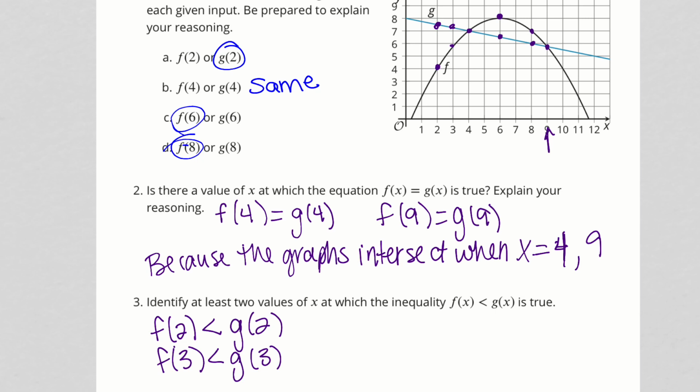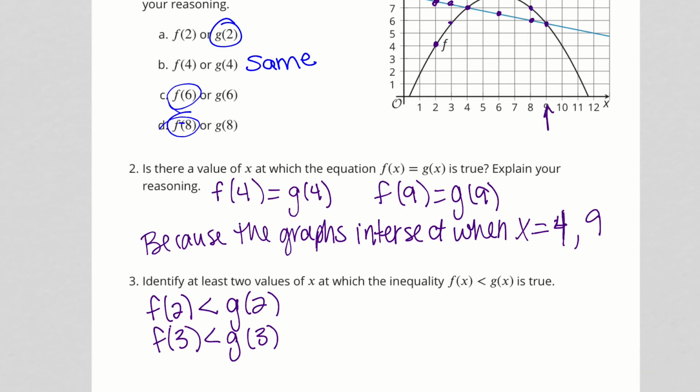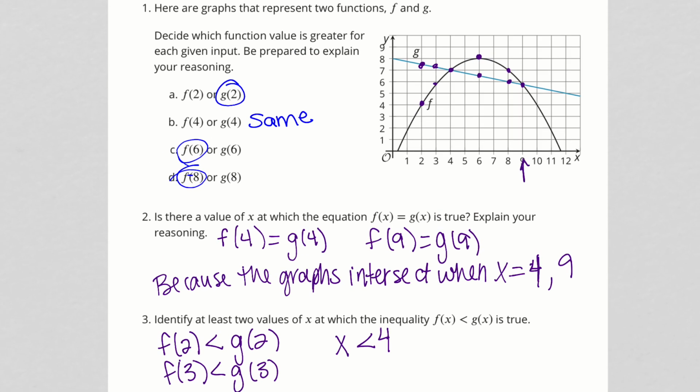10, 11, and 12. So we could say for values of x that are less than 4, because that's where they intersect, right? Any value that's less than 4, does that mean g of x is greater than f of x? Yes, g of x is greater than f of x for values of x that are less than 4.